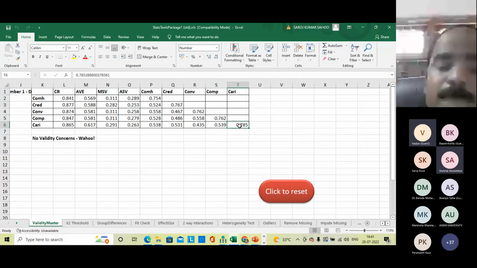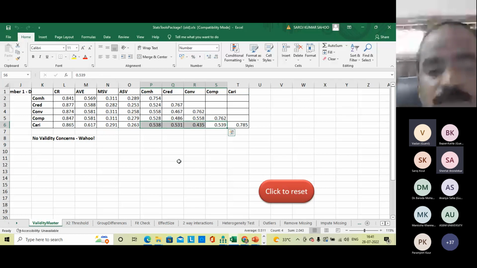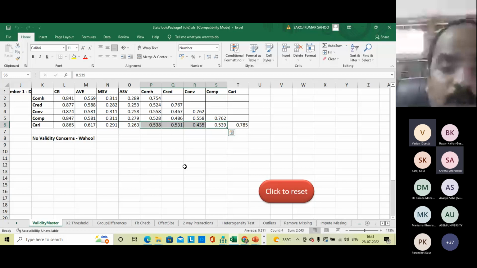Likewise, come to the square root of AVE for caring, which is 0.785. Its four off diagonal values are 0.538, 0.531, 0.435, 0.539. These four values must be less than 0.785, much less.